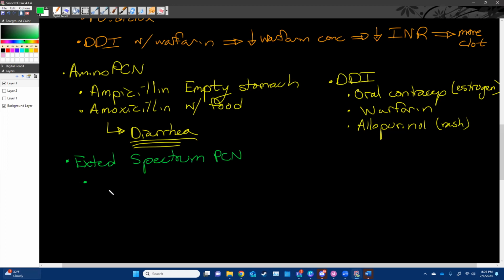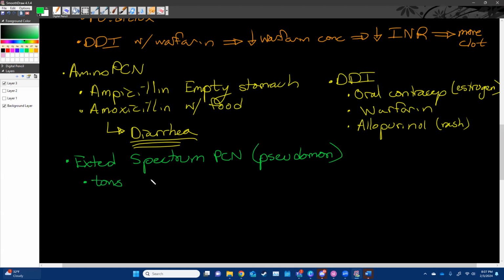All right, extended spectrum. Again, this is our Pseudomonas. So piperacillin, lots and lots and lots of gram-negative activity, which is really great. Usually, you're going to see this pop up with Pseudomonas.